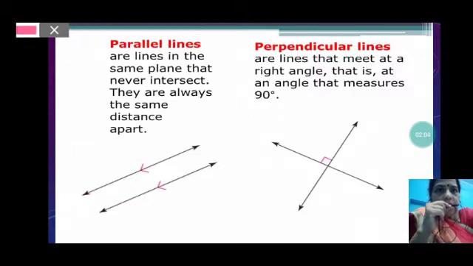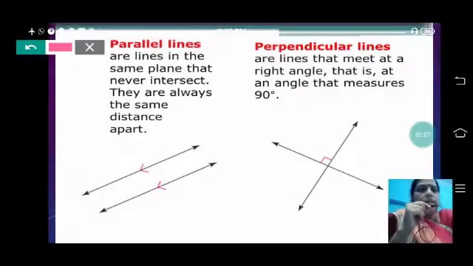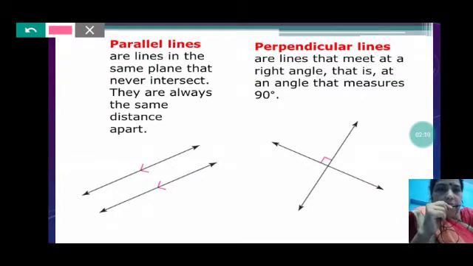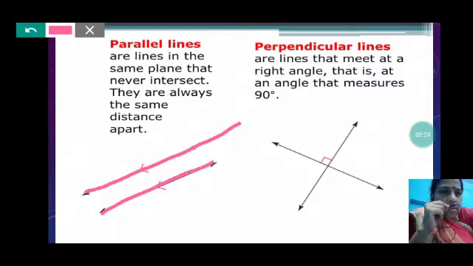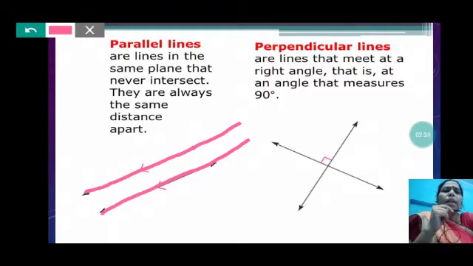Here, one line goes straight and the other line also goes straight, and when you extend them, they do not touch or meet each other. These lines are called parallel lines. They are always the same distance apart and are never going to meet each other.